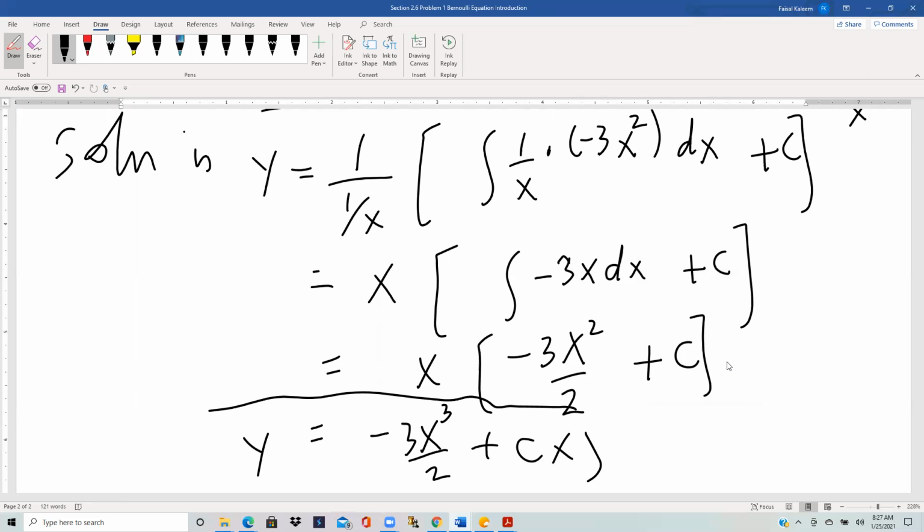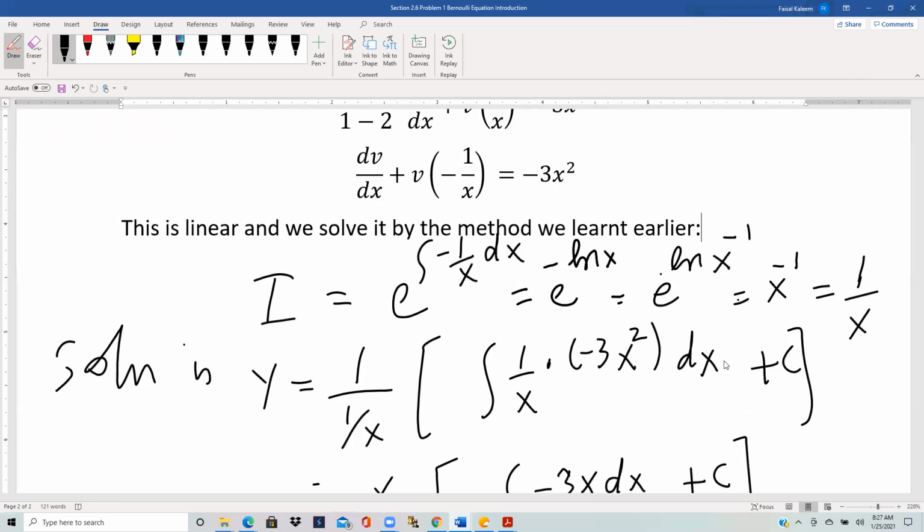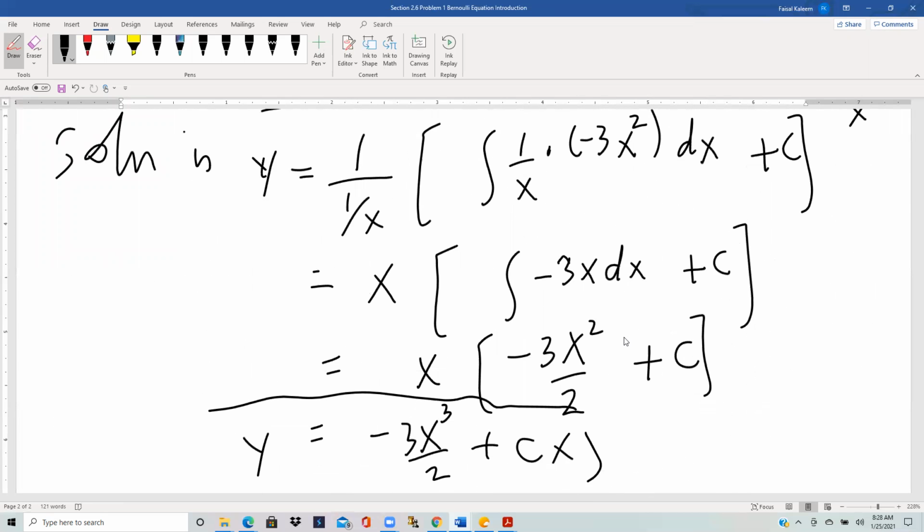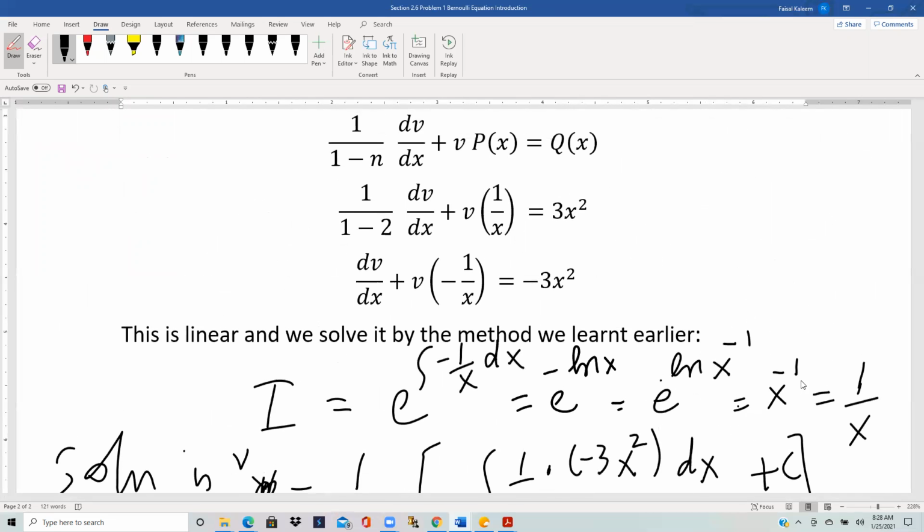Well, not quite. There's a tiny error here, because instead of a y, we had a v. So all this was not a y, but a v. But now you substitute back.